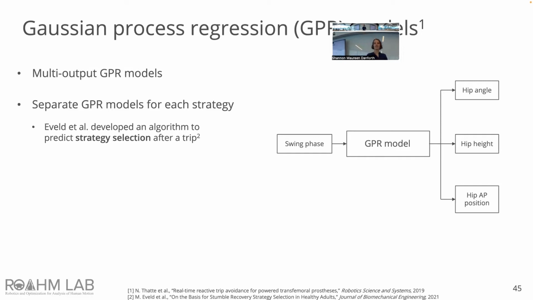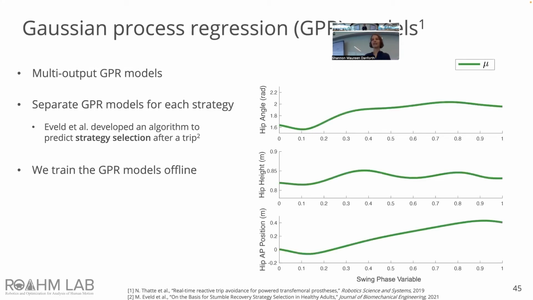And a different research group has already developed an algorithm to predict which strategy someone will use after a trip. And so in this work, we fit separate models for elevating data, delayed lowering, and lowering. And we train these Gaussian process models offline, which generates a mean prediction for each response variable, shown here in green.